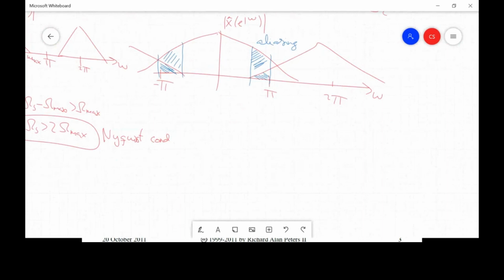Okay, so this is X. I will not do the argument anymore because it is clear. So this is our spectrum. We have a tone, a single sine at that frequency.